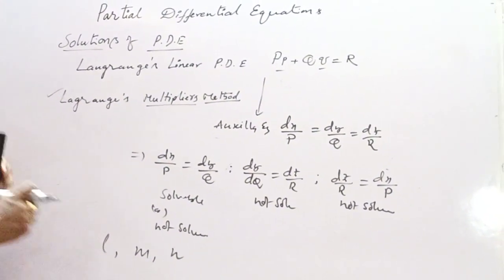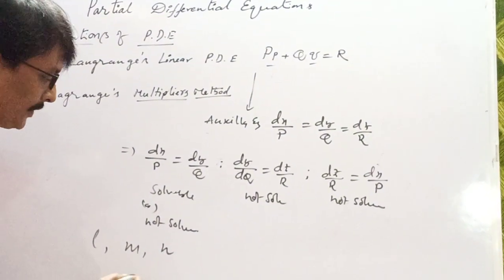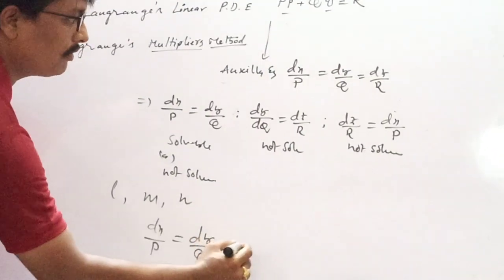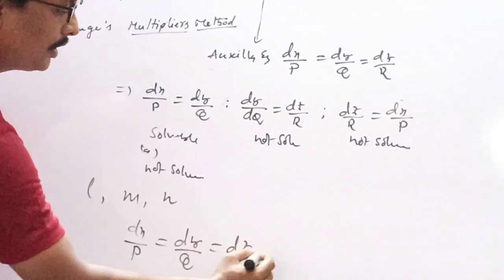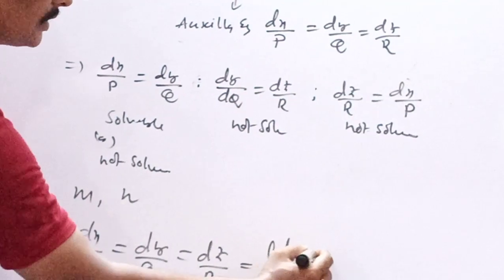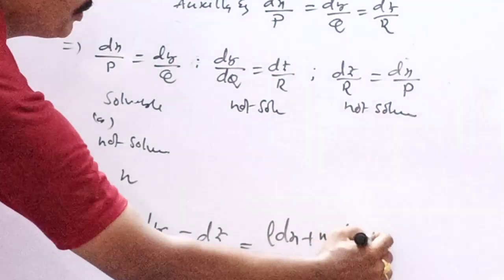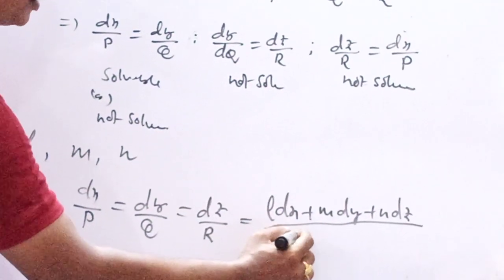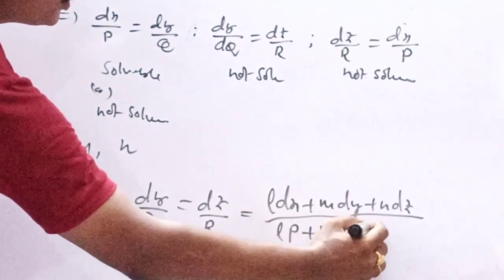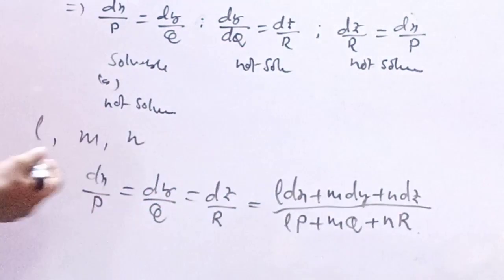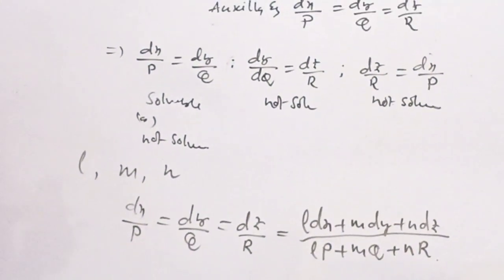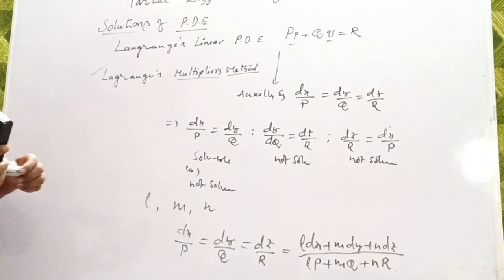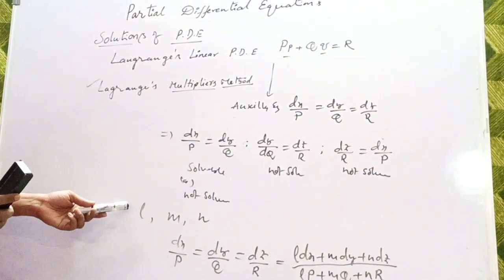So L, M, N satisfy: dx by P equal to dy by Q equal to dz by R equal to Ldx plus Mdy plus Ndz by LP plus MQ plus NR. Suppose L, M, N are Lagrange's multipliers; this is our supposition.